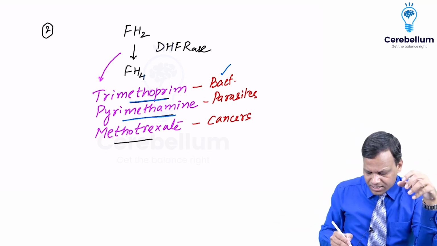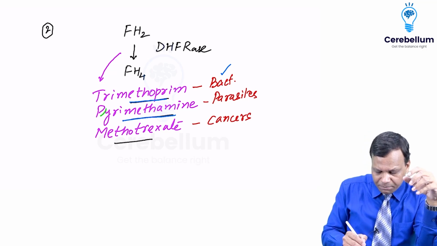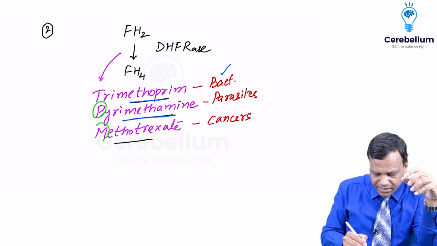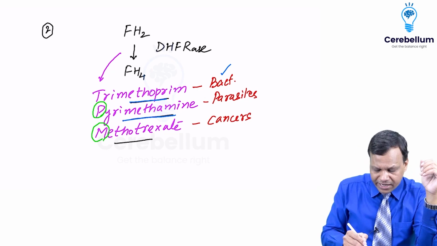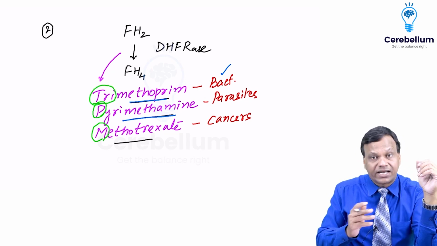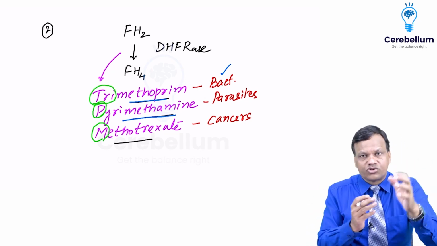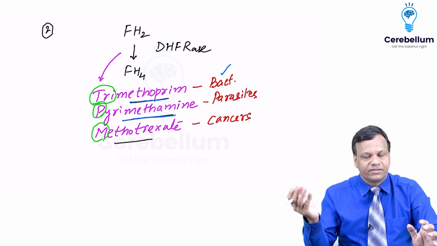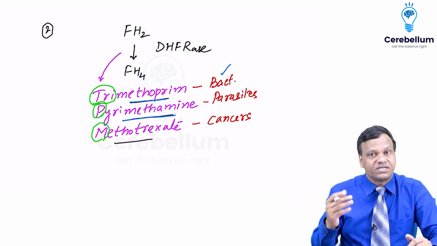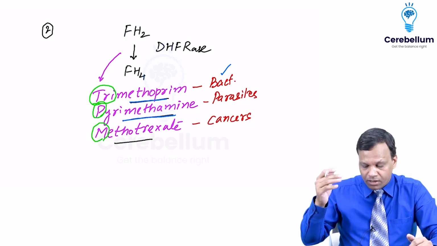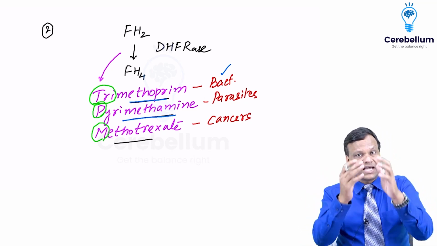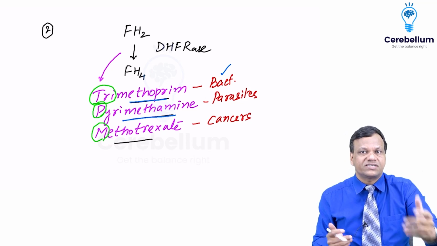From the name you can easily remember: pyrimethamine, P for parasites; methotrexate, M for man; and trimethoprim for bacteria, tria. In bacteria we have tria, so it is trimethoprim for bacteria. Okay, so these are having different species specificity. But if they inhibit the enzyme in humans, what can be the side effect?